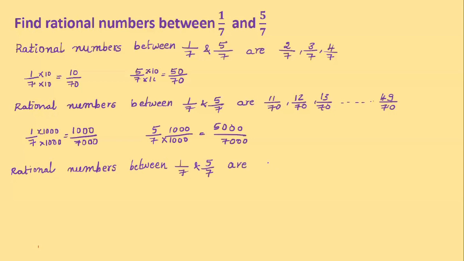Look at the numerator, 1000 it is, so next number is 1001 by 7000. 1002 by 7000. And you can write till 4999 by 7000.